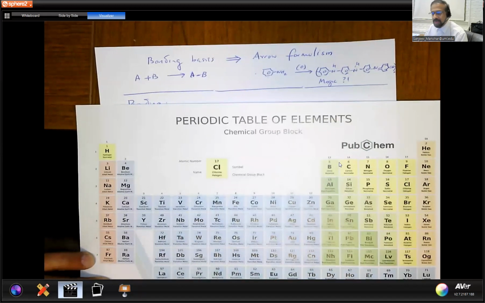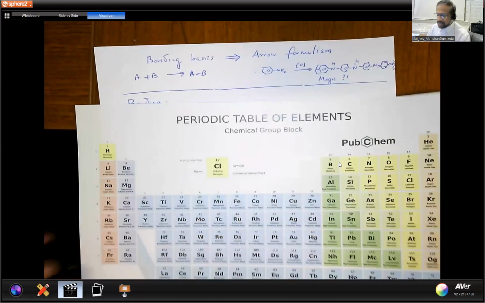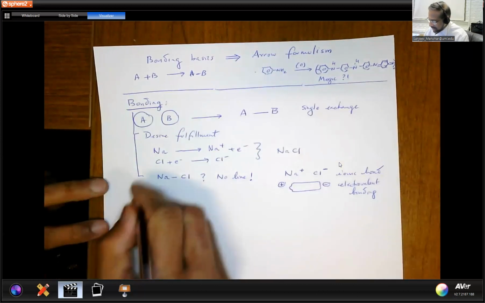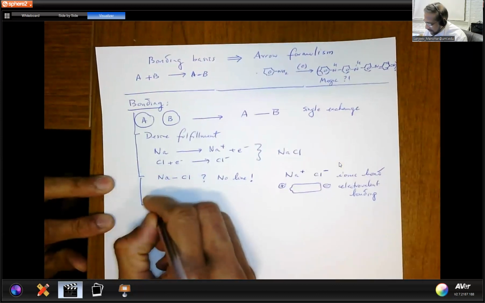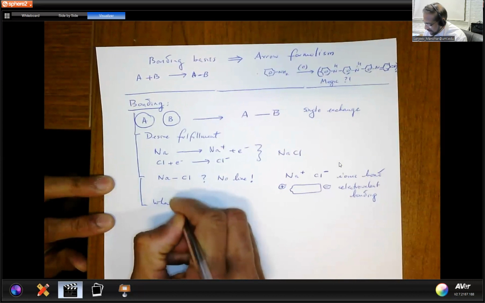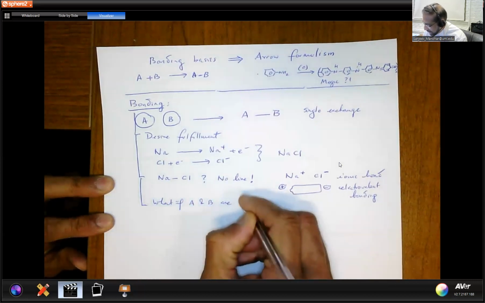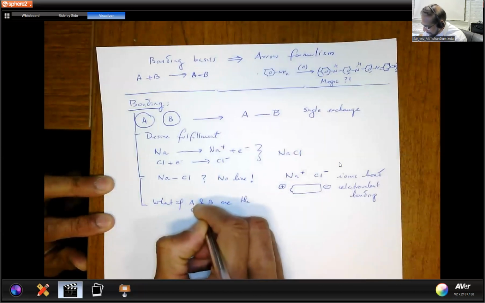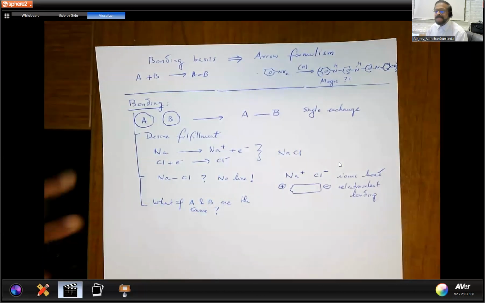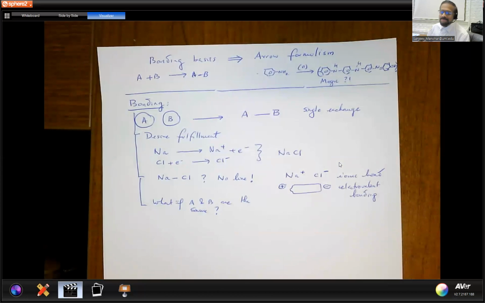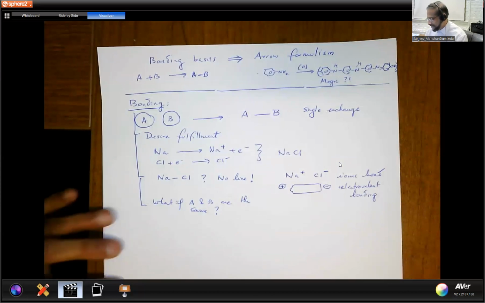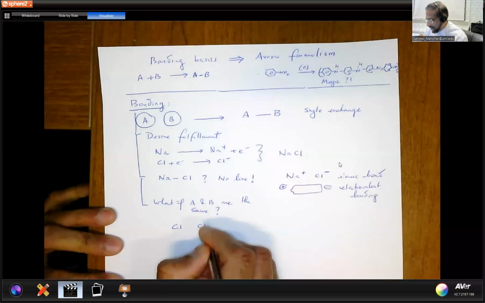How is that even possible? Same electronegativity. So the question is, what if A and B are the same? What happens then? Chlorine and chlorine, right?